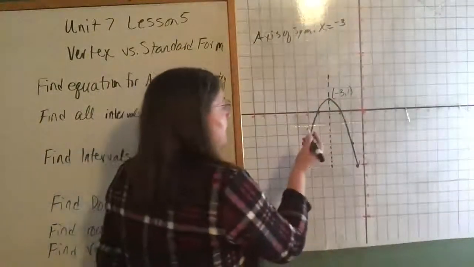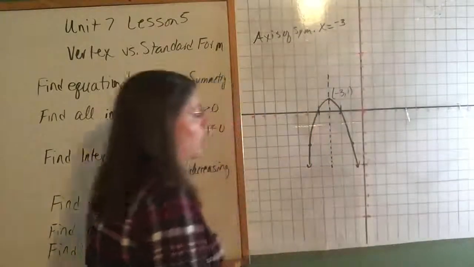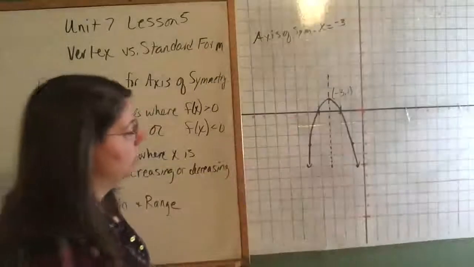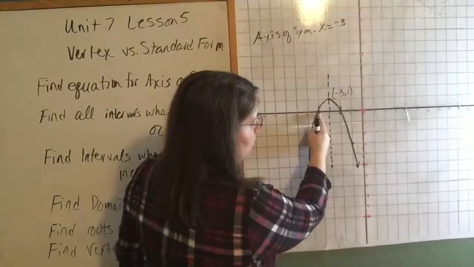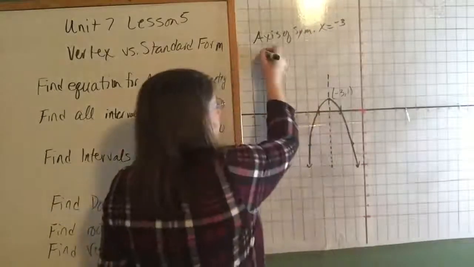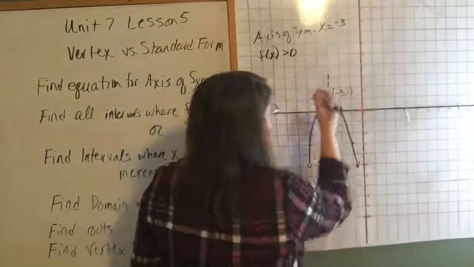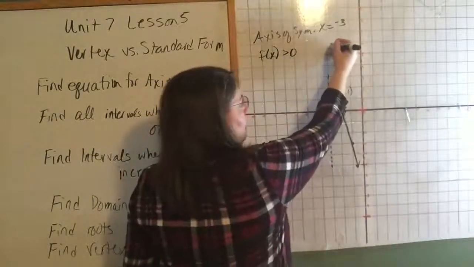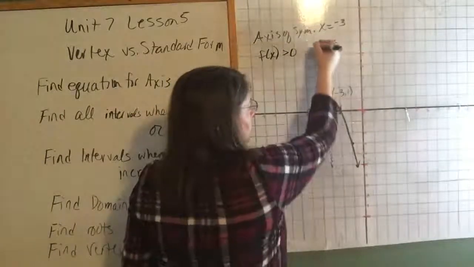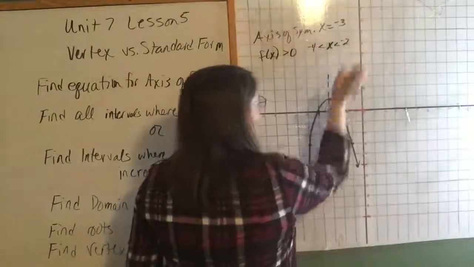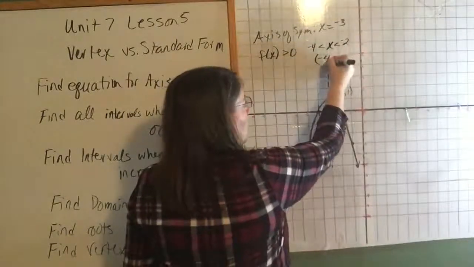So my y values that are greater than 0 happen when x goes from -4 to -2. So I can say f of x is greater than 0, and there are a couple of different ways I could write it. When x is between -4 and -2, or I could give the interval from -4, -2.